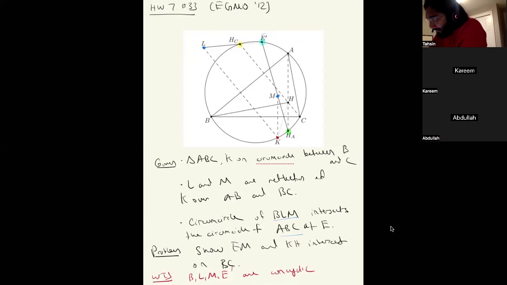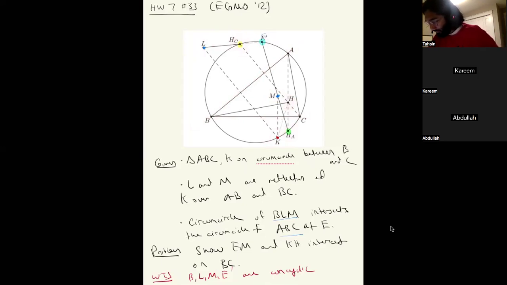Maybe let me give some motivation why you might ever consider this HC. The reason is, we started with K. That was the very first point we constructed. And then from K, we got M and L by reflecting over BC and AB. So it might be natural to take H and reflect over BC and AB to get those.